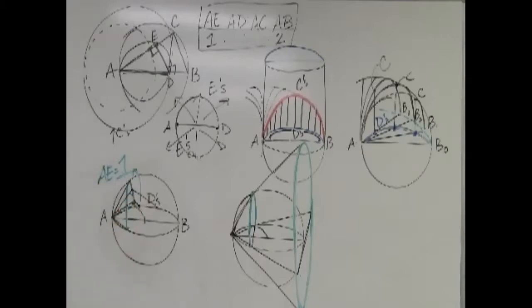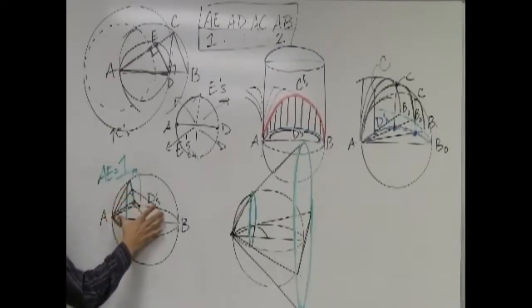Do people see that dynamic? As E moves up along the green line, D is moving away from the green line towards B. As E moves up, that distance between A and D is getting longer.